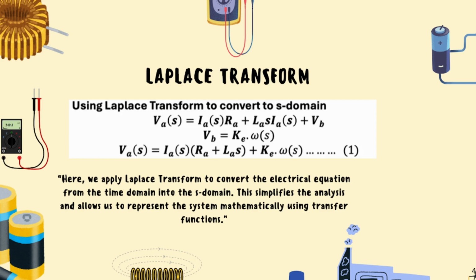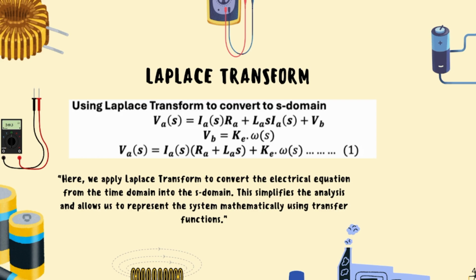Here, the back EMF voltage is proportional to the motor speed, where Ke is the back EMF constant, and omega of S is the angular speed. Finally, we combine the resistance and inductance terms together to simplify the equation.